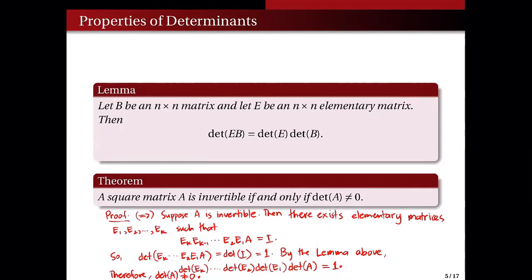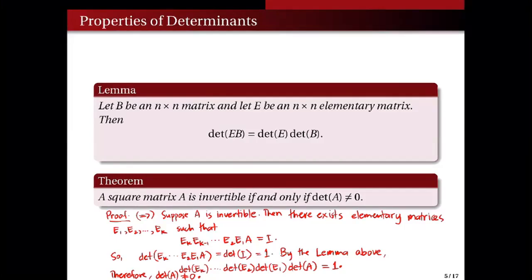So that's the forward direction. We assume A is invertible, and then we prove that the determinant of A is not 0.